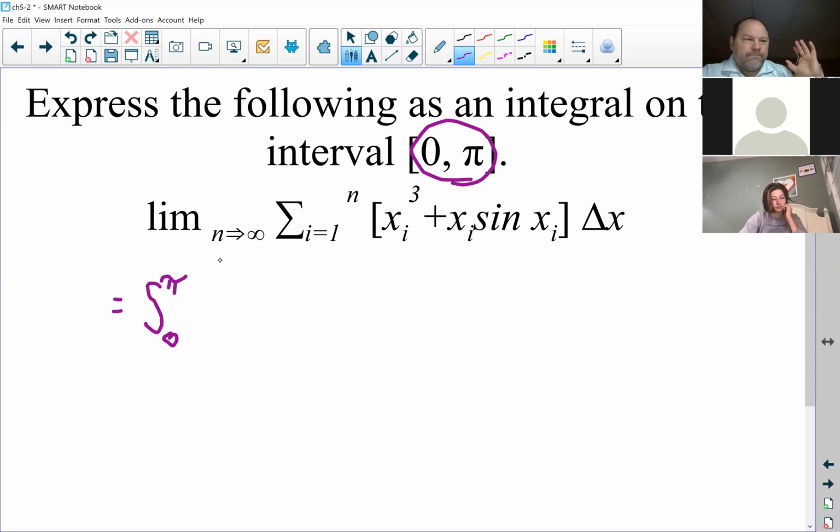Now, the technically difficult part here is writing our integrand. All of these x sub i's change to just x's.